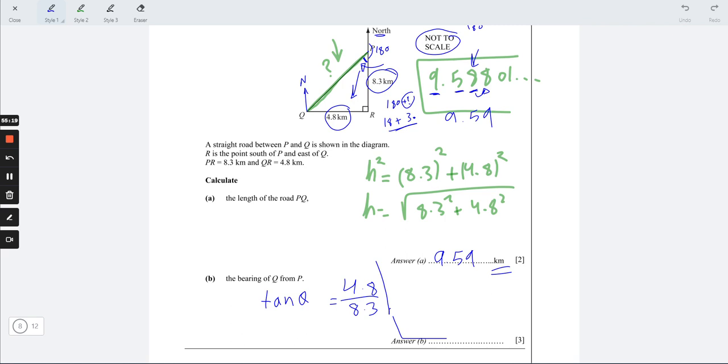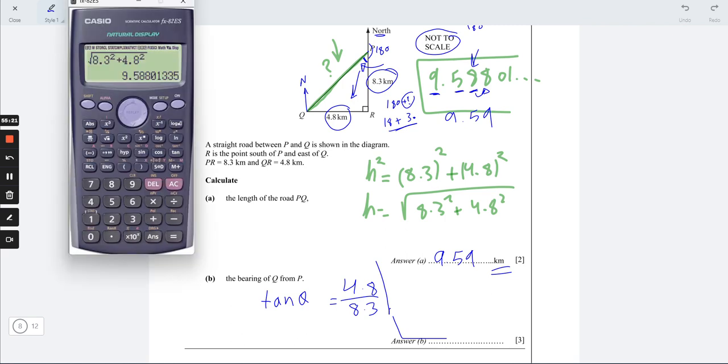To find it out, we will use a calculator. The opposite of tan is tan inverse. So here we will use tan inverse of 4.8 divided by 8.3, close the bracket, equals 30.